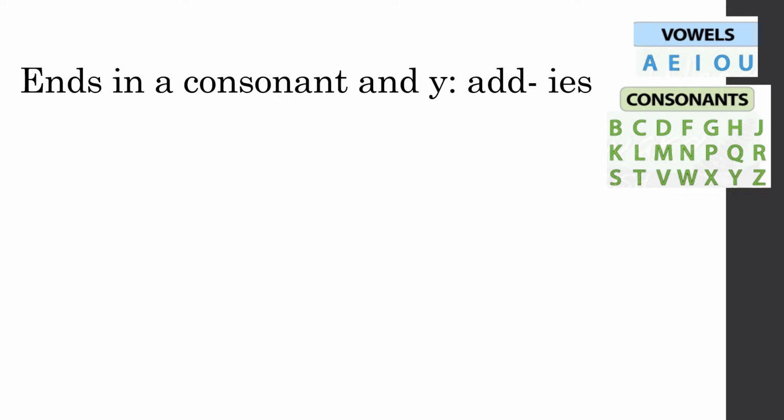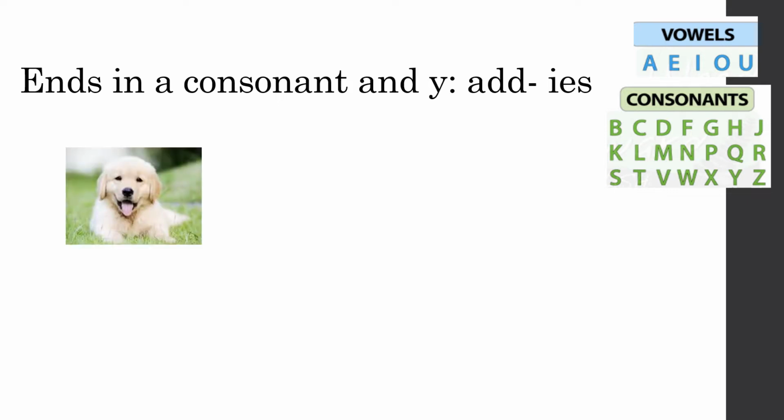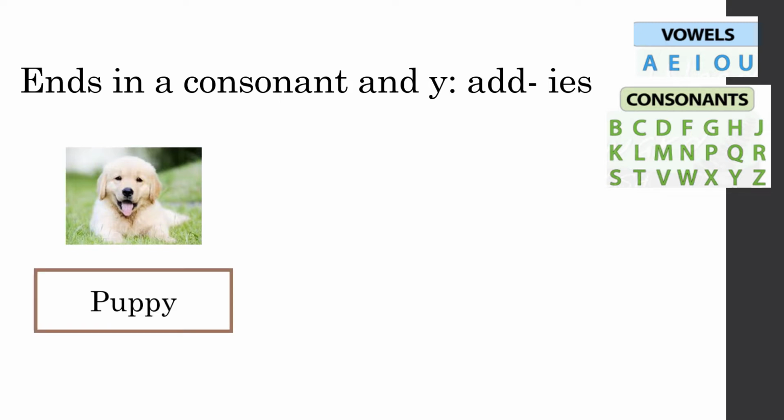Now we are going to have a look at this word. I'm sure you can guess what word I'm looking at next. We have the word puppy. This word at the end has a Y. And if we look a bit before that, it has the consonant P. I know that P is a consonant because it's not an A, E, I, O, U. Also, if we look on the consonants list, P is over here.